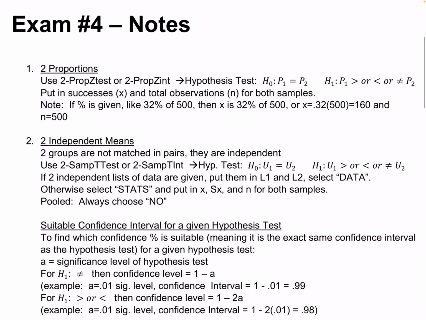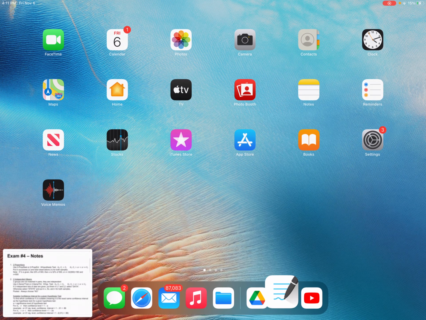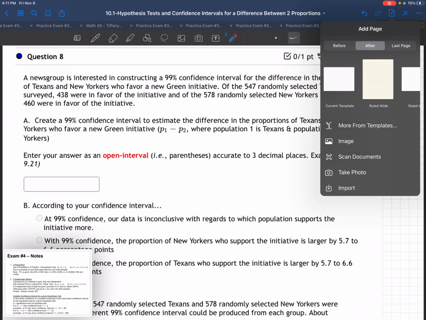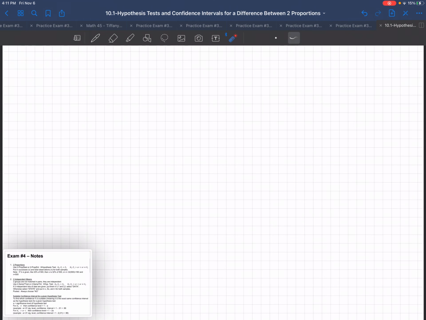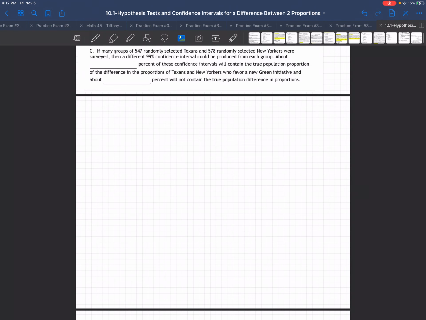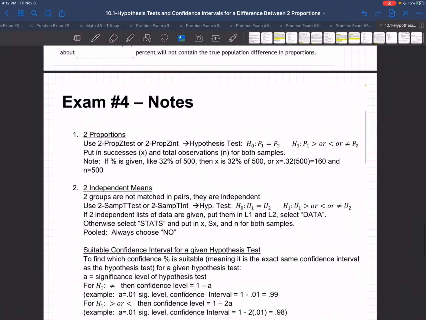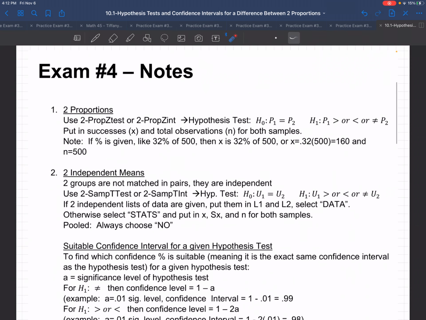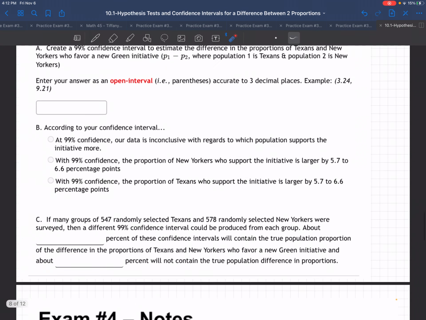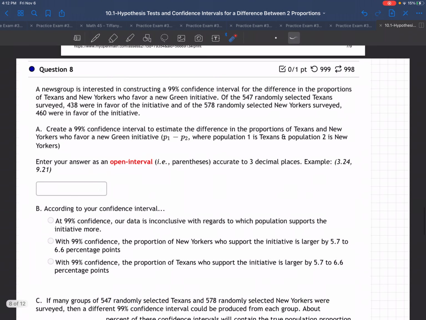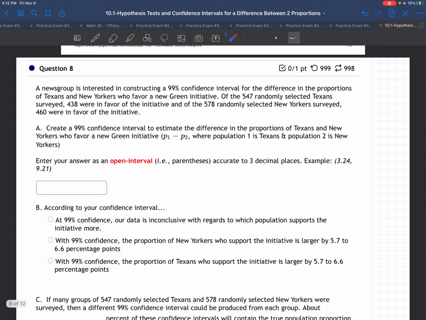Let's copy that and bring it over. Here we go. The exam 4 notes say that for two... and what do we have here? We're talking about proportions, right? See what it says? To estimate the difference in proportions.